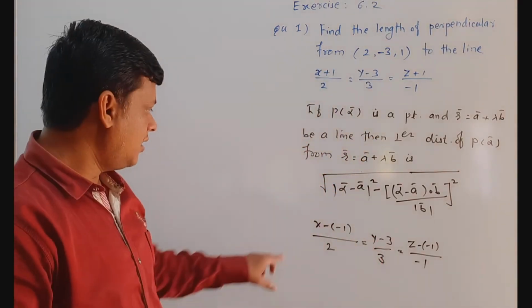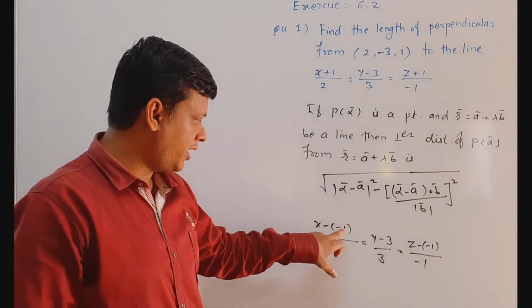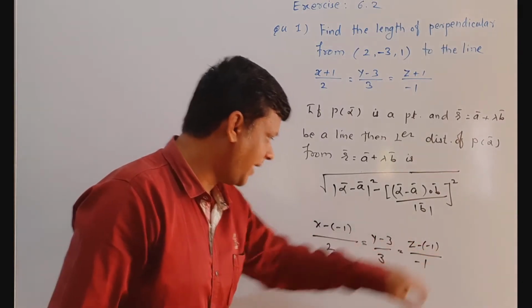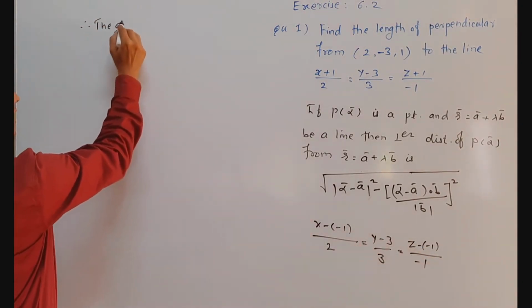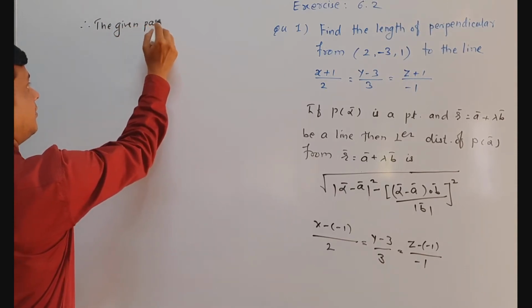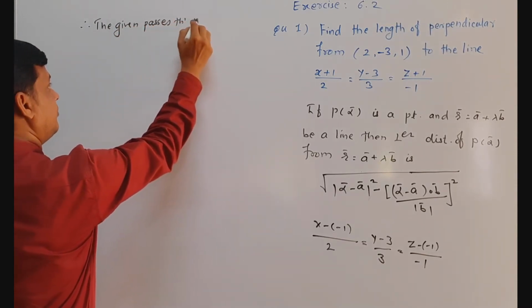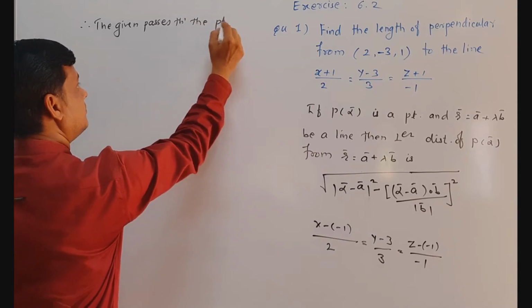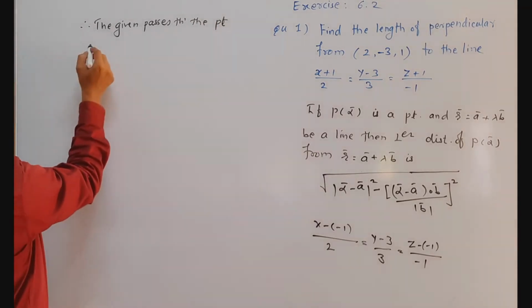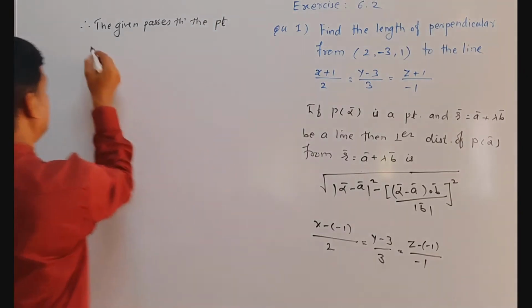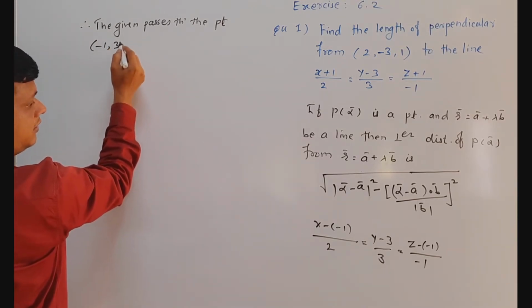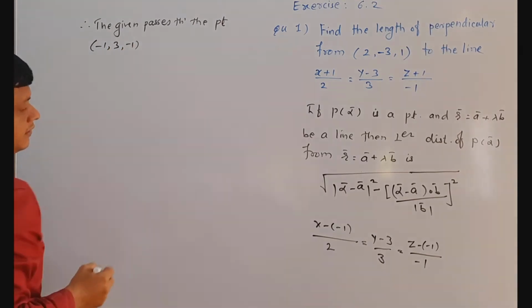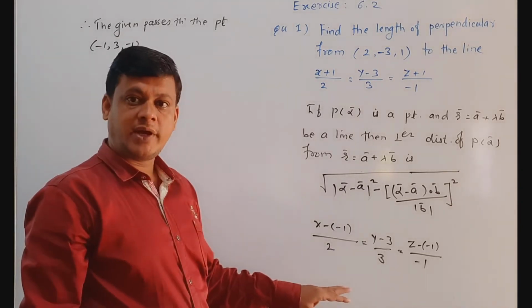That means the given line passes through the point minus 1, 3, minus 1.